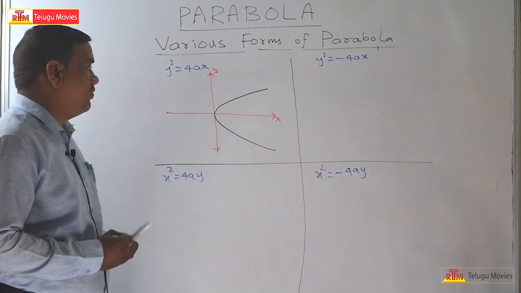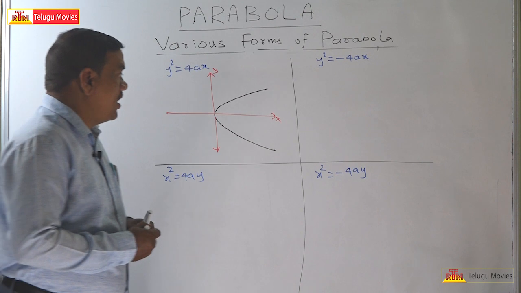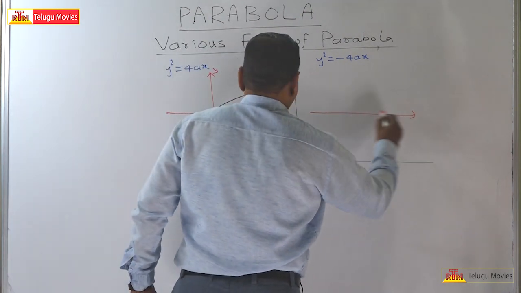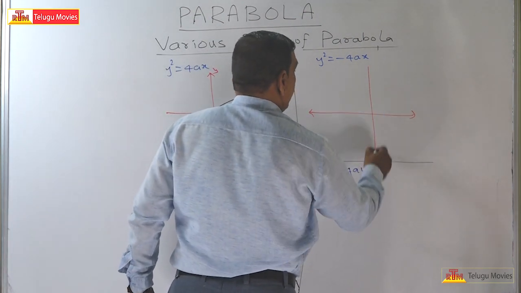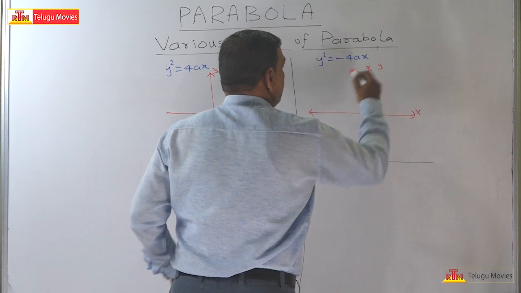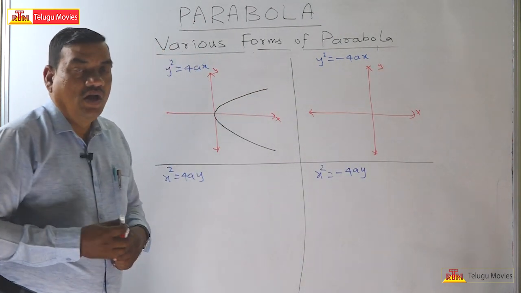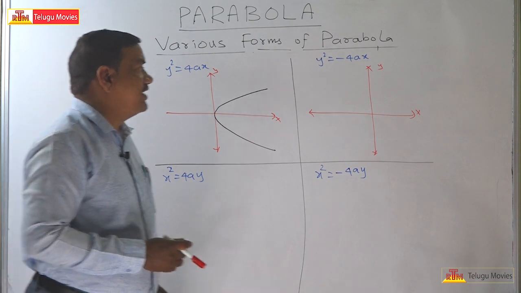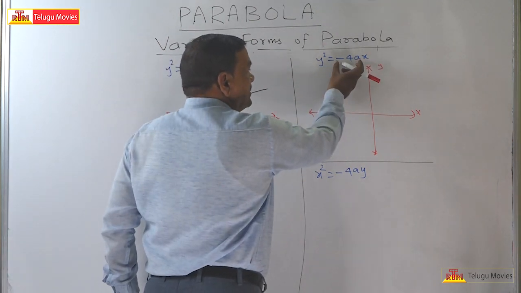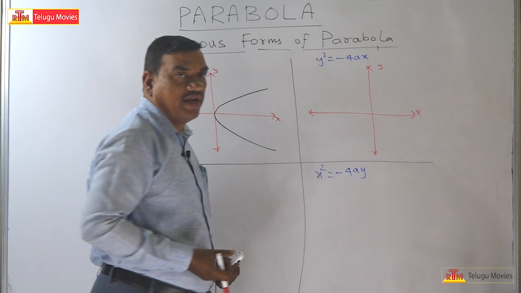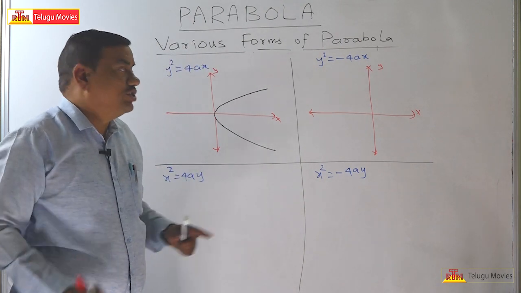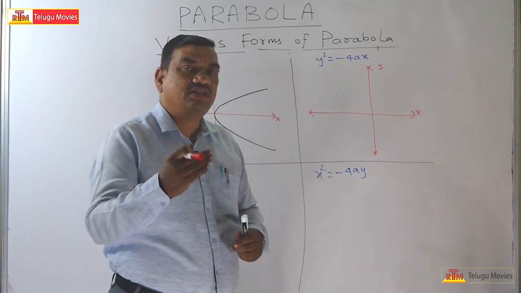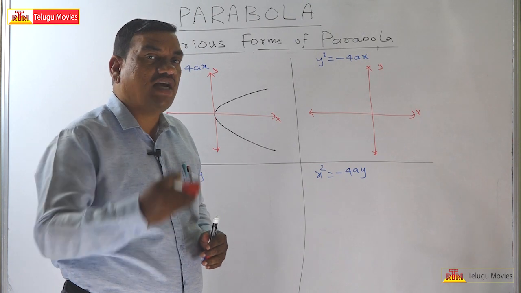Understand? Second one. Let us take this as the x-axis and this as the y-axis. Just concentrate on the right hand side. So here what is there? x is here. What is the coefficient? Minus 4a. My a is positive. a is positive. Why? Because it is the distance between the focus and the vertex.